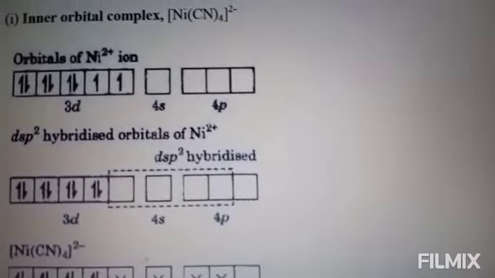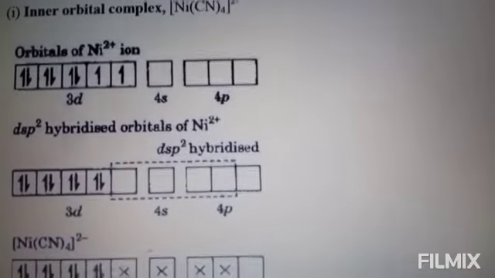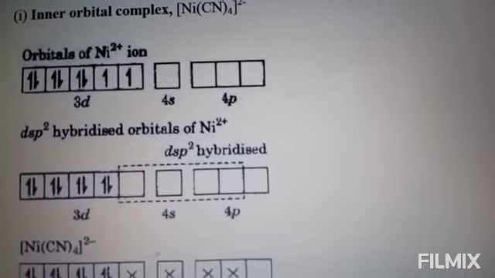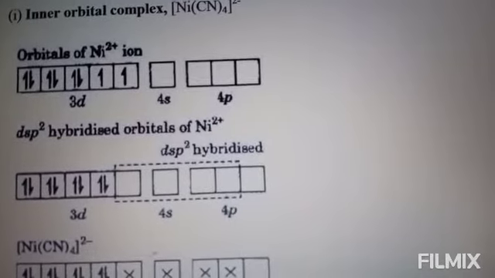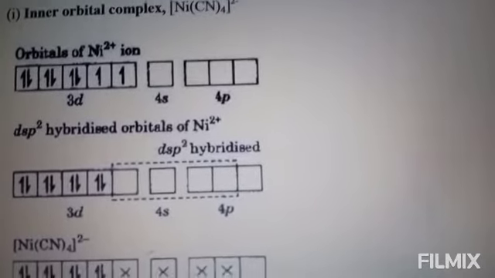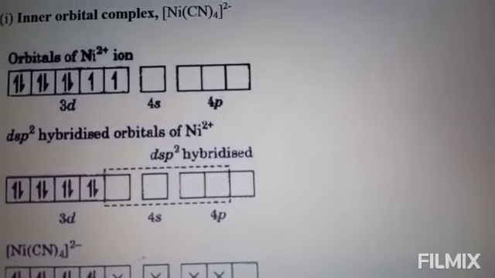Okay, so in order to get Ni2+, you need to lose 2 electrons. So 2 electrons are removed from the 4s. Clear? So for Ni2+, electronic configuration is 3d8 4s0. Okay, and you need to join 4 CN ligands. So you need to make 4 empty spaces. Okay, so in order to make 4 empty spaces, our 4p is still vacant, isn't it?